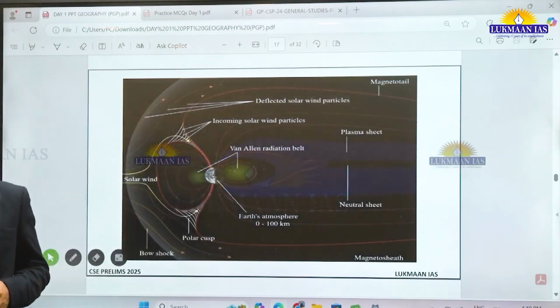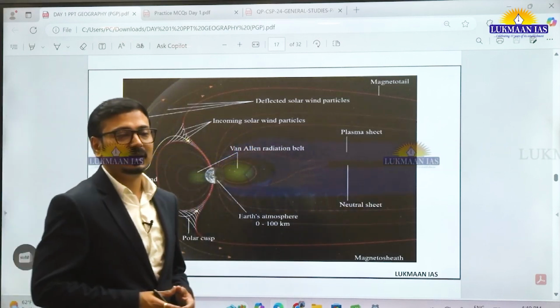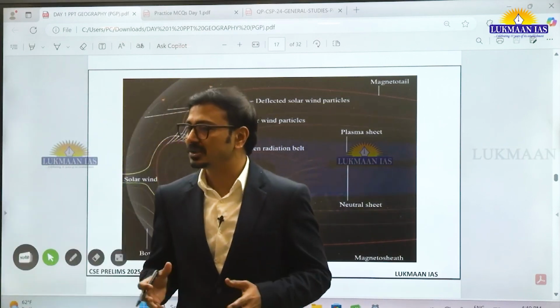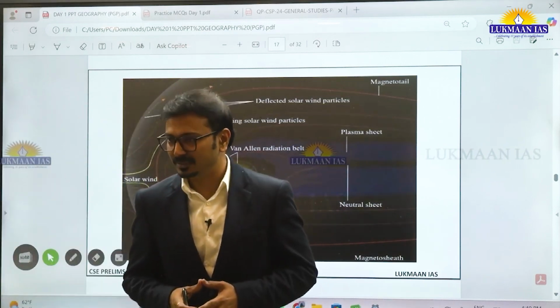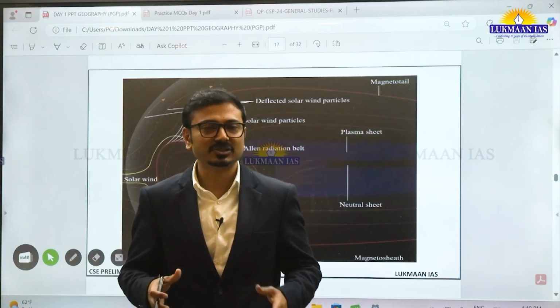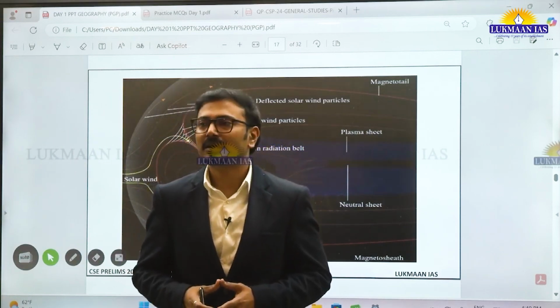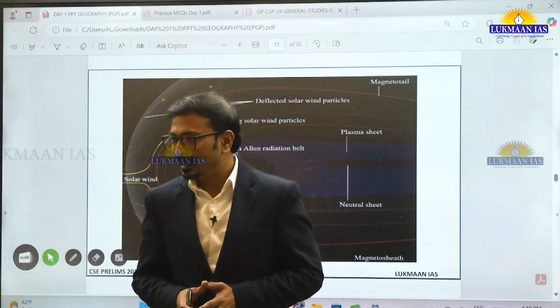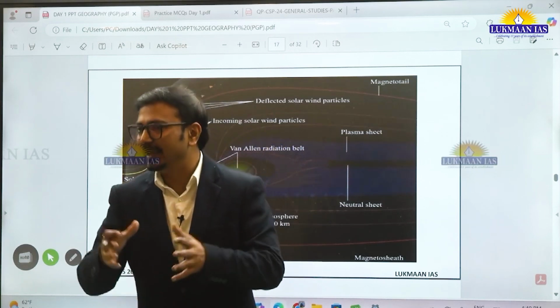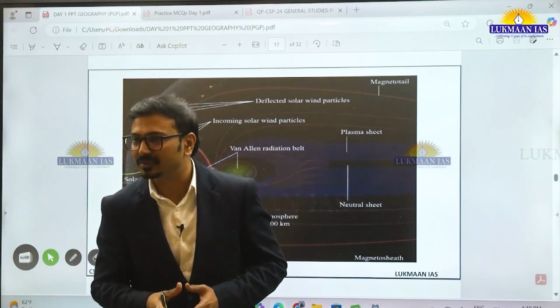Solar flares are the activities which are related to sunspots on the sun surface. What are sunspots? They are excessively higher magnetic field areas on the sun surface.